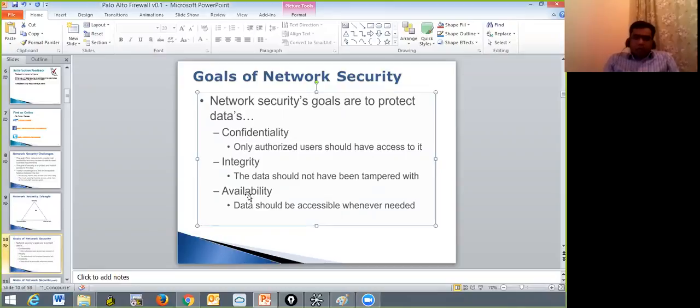Nobody can claim that his network is 100% secure, but you can minimize the risk. For example, in your house, if you don't have protection alarms or a proper lock system, an intruder can come in. If you have at least an alarm, when somebody tries to break in, at least a neighbor can hear it.